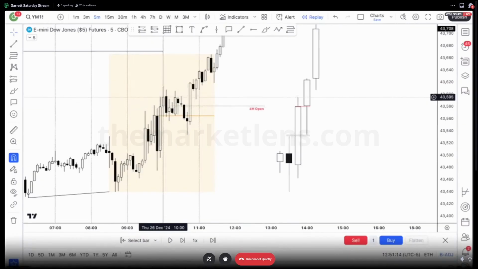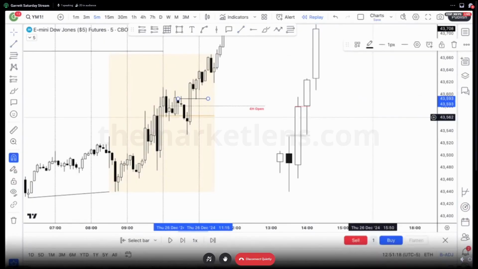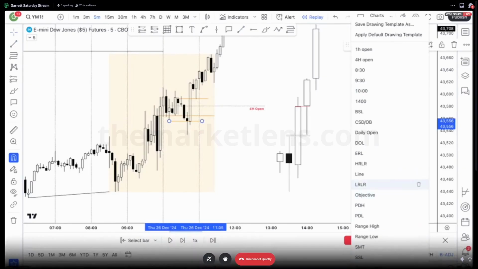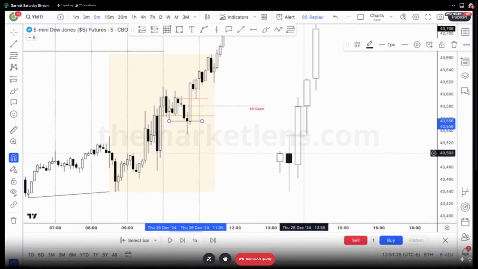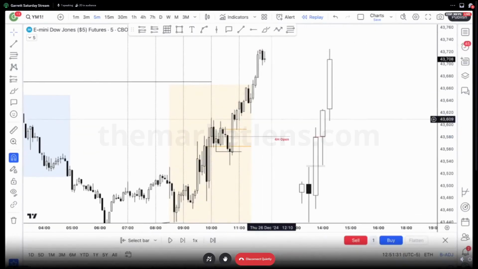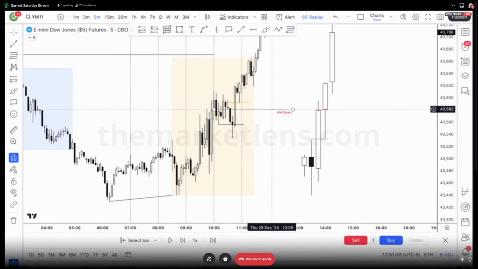So this 4-hour candle opened up first. We validate it right here, we sweep out this low. So we're entering around the opening price of the 4-hour candle to catch the body of it, just validating that low. So yeah, this is like AM's logic, right? Trading with manipulation, just trading continuation.